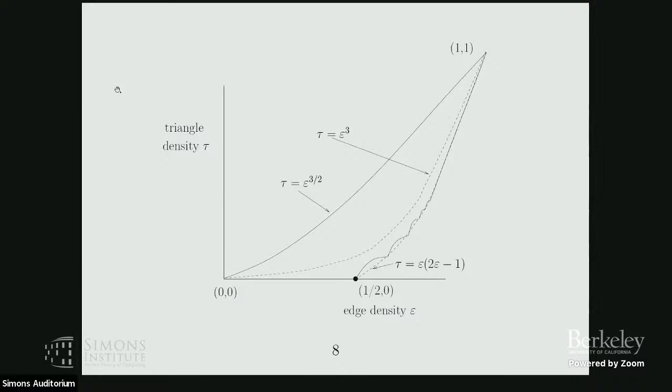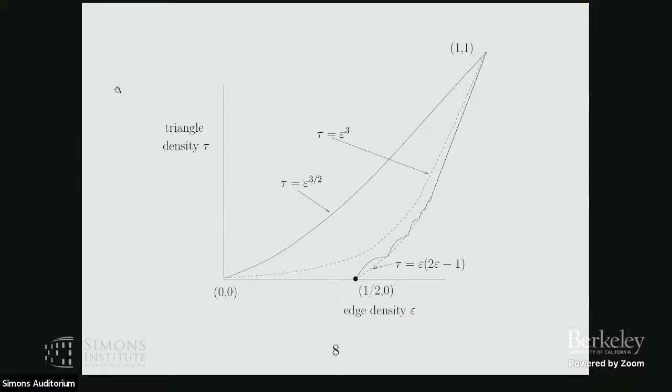It really should be very thin. Okay. So a straight line, nice smooth curve. This is all just a lot of scallops down to this point. Okay. And I put in this dotted line for tau equals epsilon cubed, which is the relation between those variables for independent edges. It'll be relevant for what I talk about later.